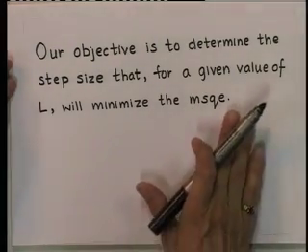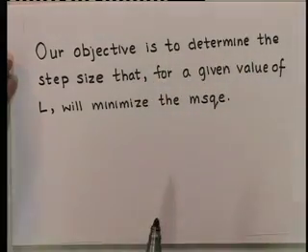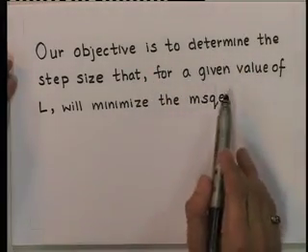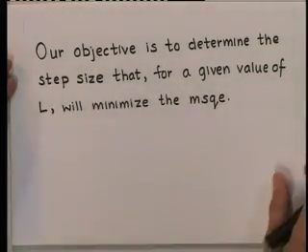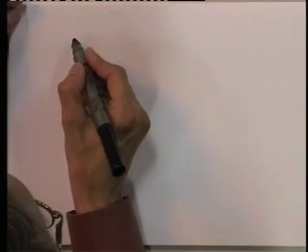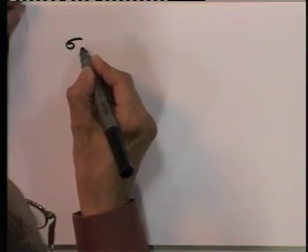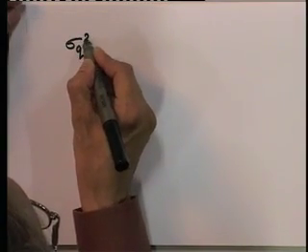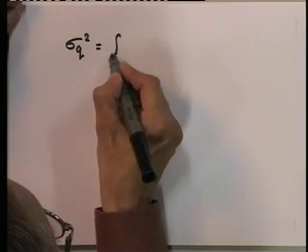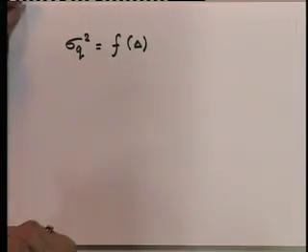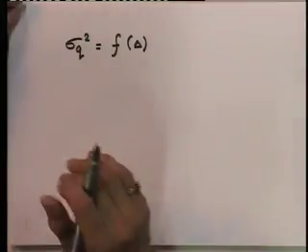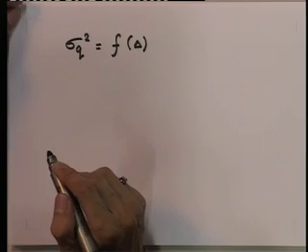Now, the simplest way to achieve this is to write the distortion as a function of the step size. So, we should be able to write the distortion as a function of step size and then minimize this function with respect to the step size.